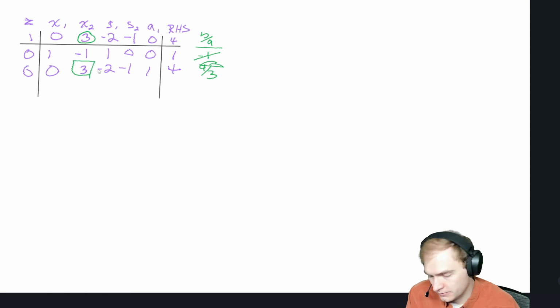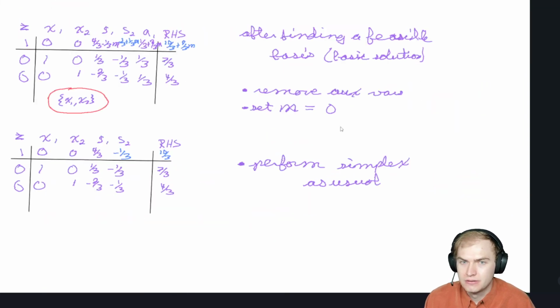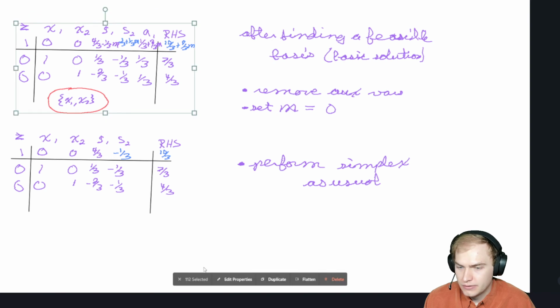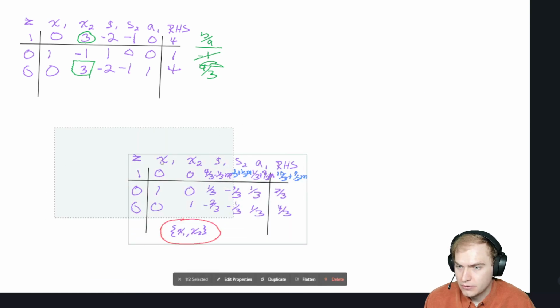We pivot around that entry. Again, that's the same pivot we did before. So I'm going to, again, reach back in time and grab the relevant tableau, so I don't have to do all that math again.